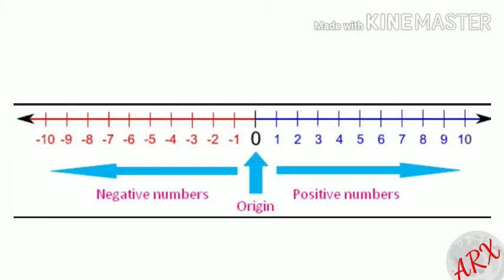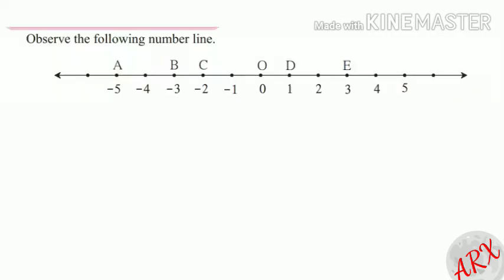Students, earlier we studied number lines. Now we are going to study coordinates of points and distance. Observe the following number line. The coordinates of D and E are 1 and 3 respectively.